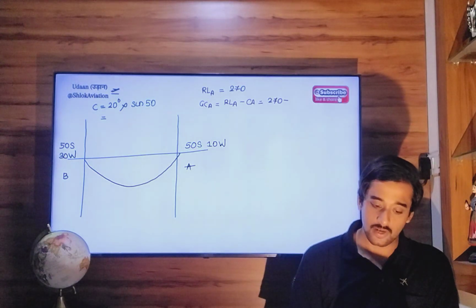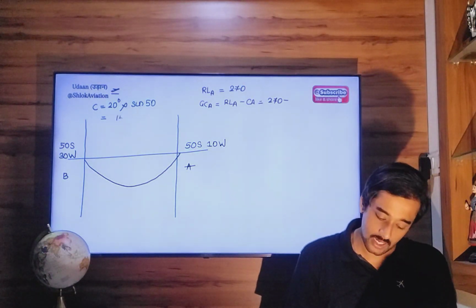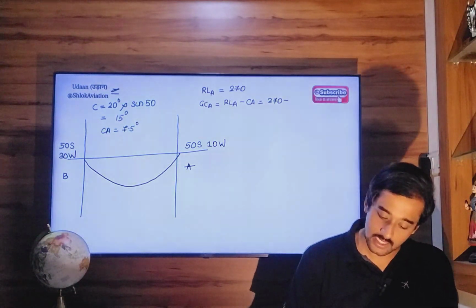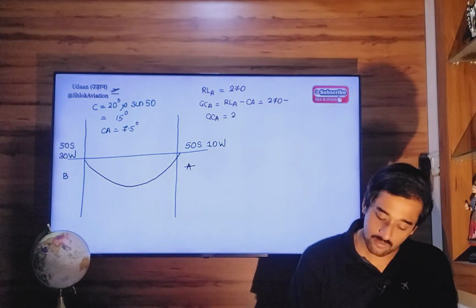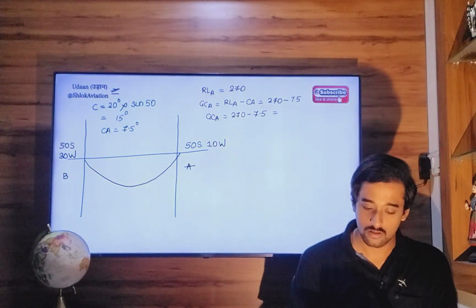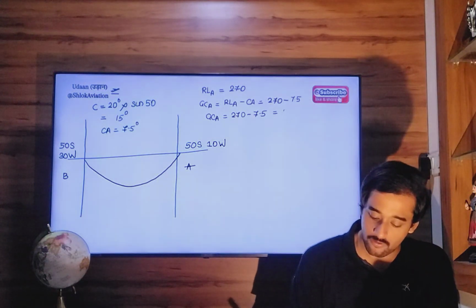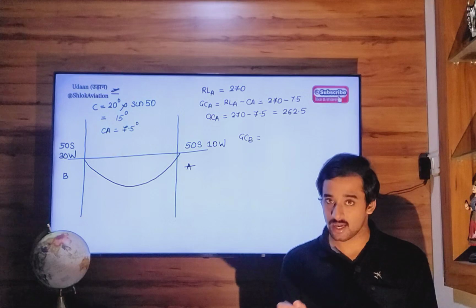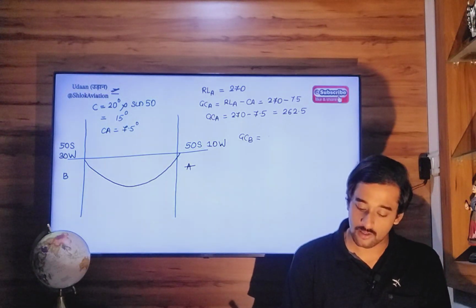That is 15 degree 19 minutes, or approximately 15 degree, let's say. So convergency angle is 7.5. So great circle at A is 270 minus 7.5, 262.5.